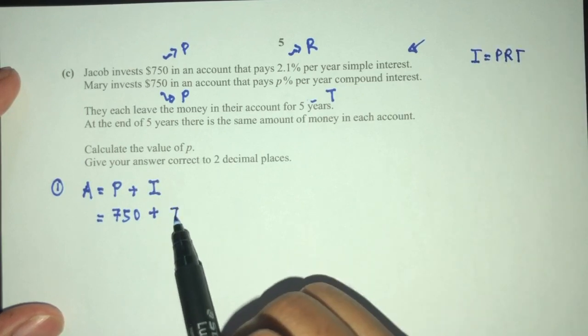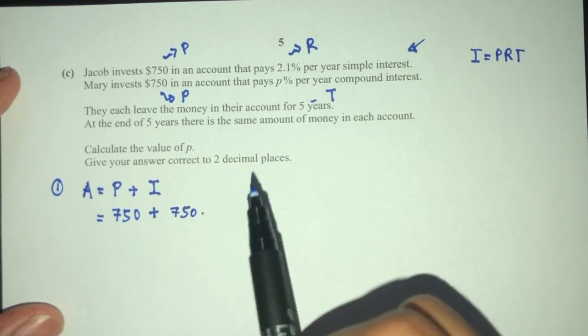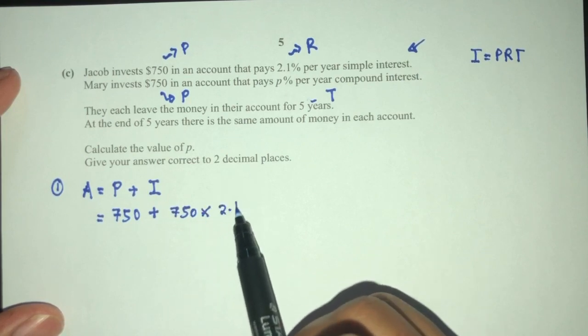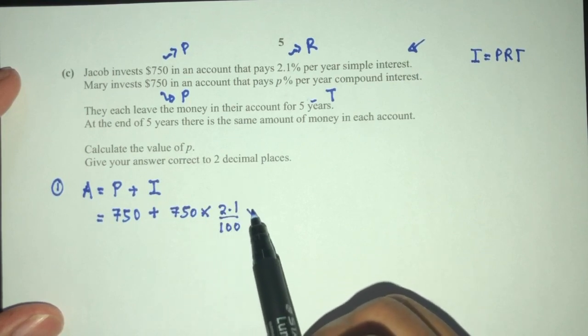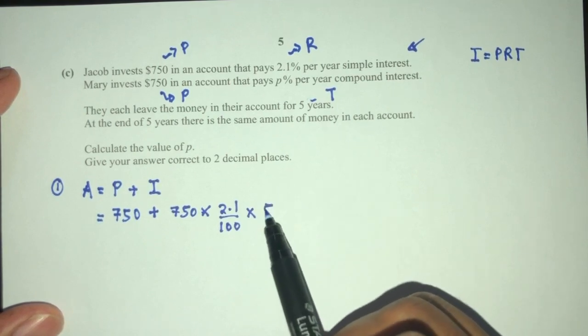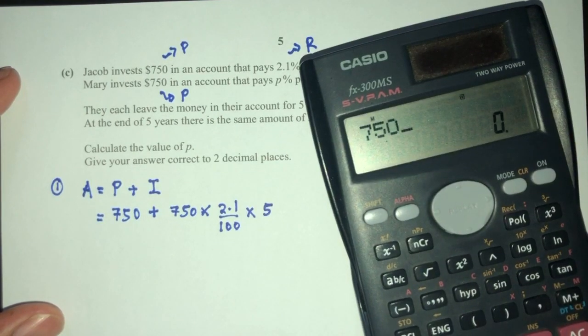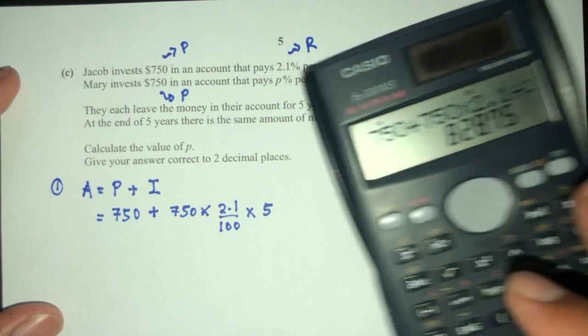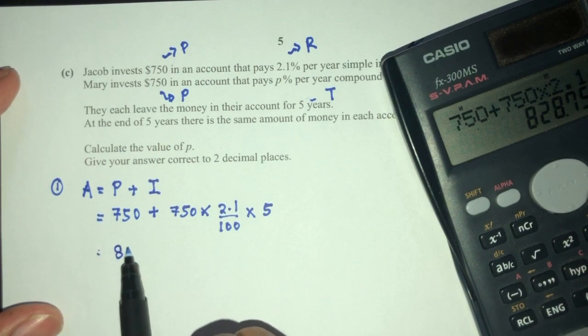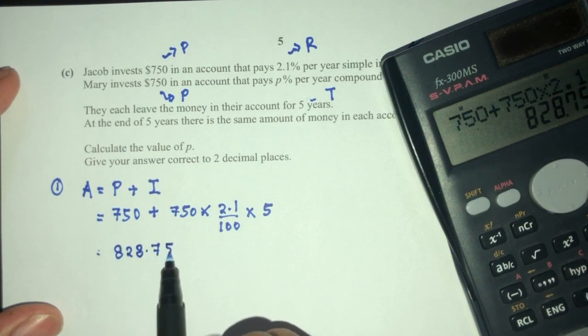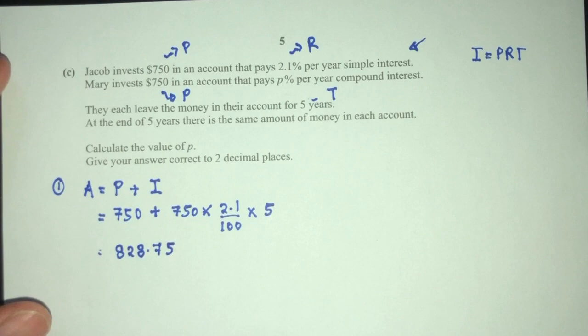P is 750. The rate is 2.1%. And time will be 5. So 750 plus 750 times 2.1% times 5. That should be 828.75. This is the amount that he has at the end.